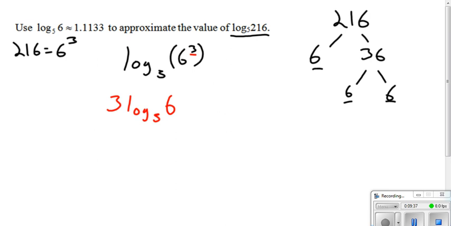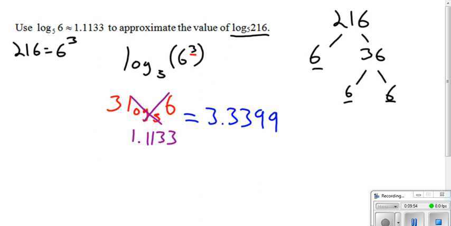And we know that log base 5 of 6 is actually 1.1133. So we have 3 times 1.1133. So in the end, we would say that equals 3.3399. And that would be our approximation value for this case.